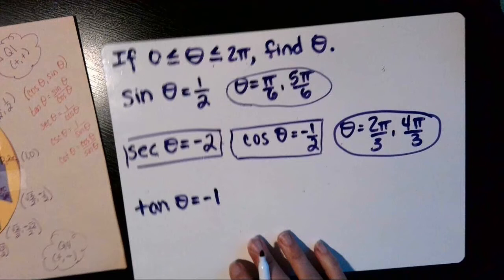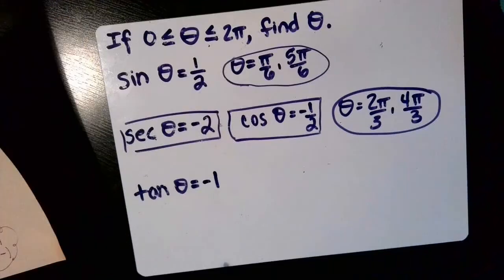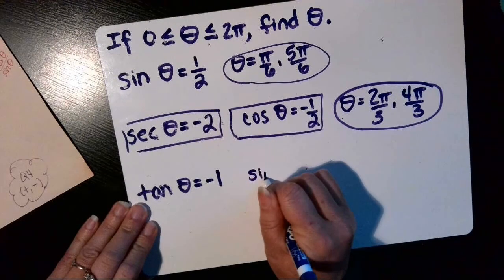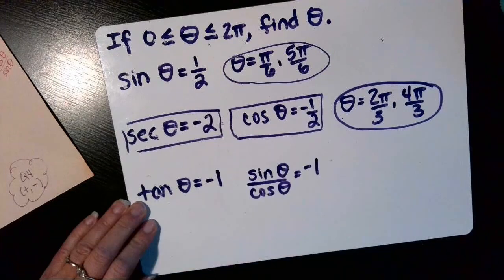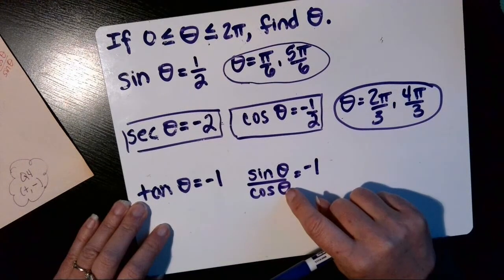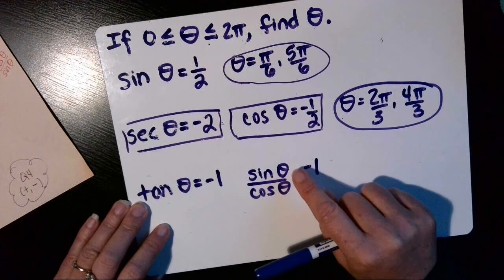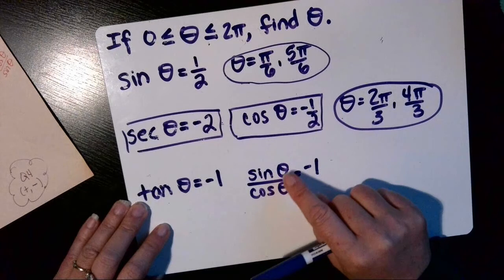Okay, the last one then we want to look at is the tangent of theta equals -1. And tangent, remember, is the ratio of the sine divided by the cosine of that angle. And the only way that a number divided by itself is equal to -1 is when they have the same values but opposite signs, like positive and negative.